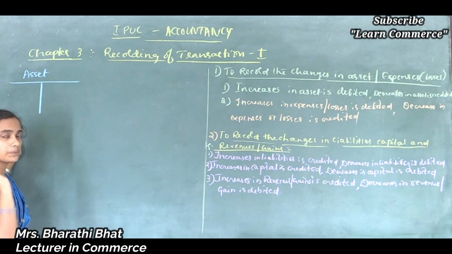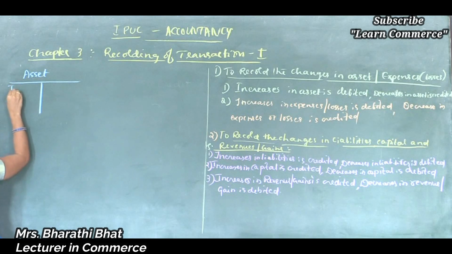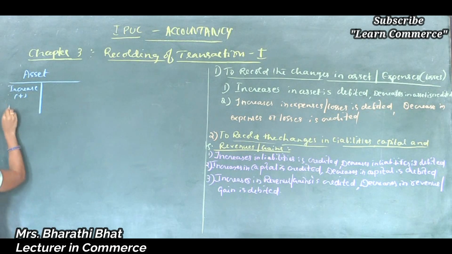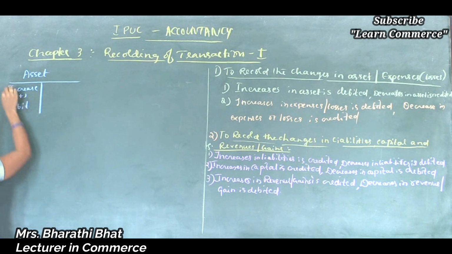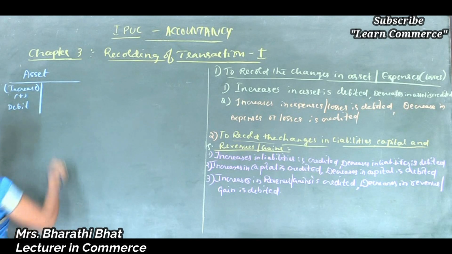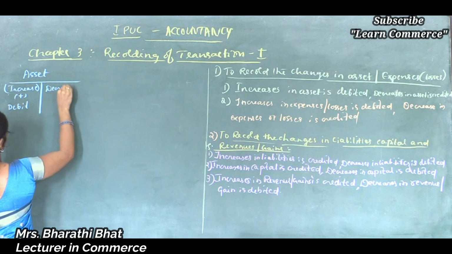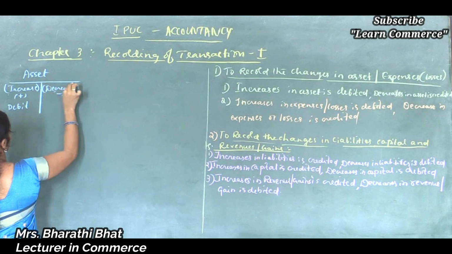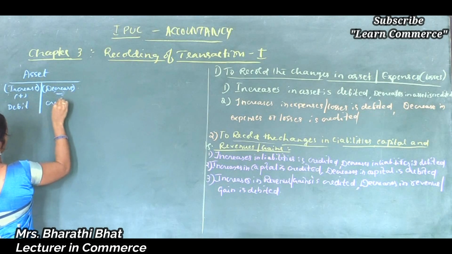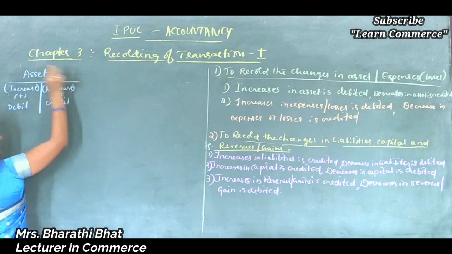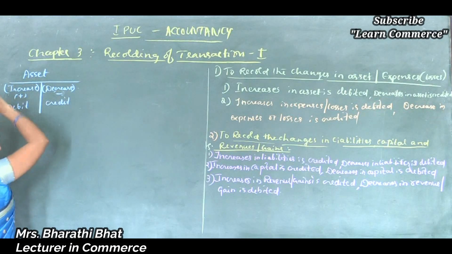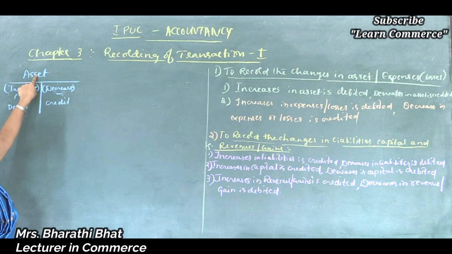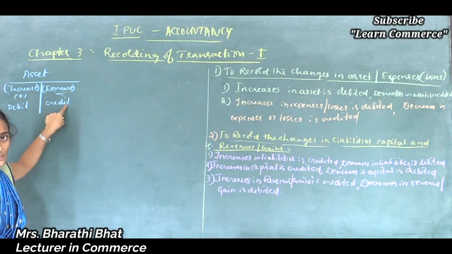Increase means plus, and plus is debit. Increase in asset is debited, and the same decrease. Decrease means minus, is credit. So here increase debited, decrease credited. Increase in asset is to be debited, decrease in asset is to be credited.